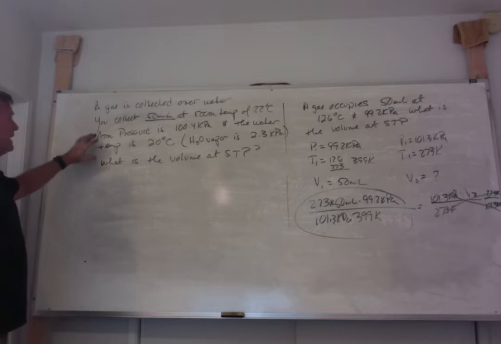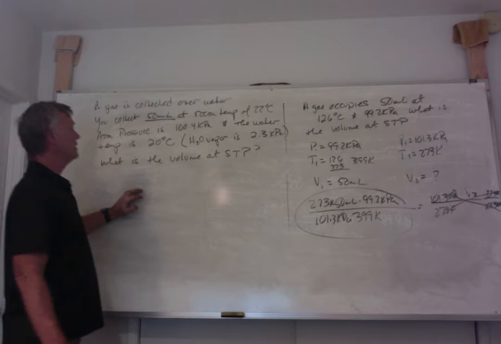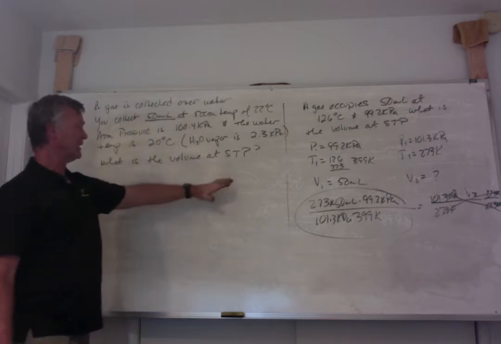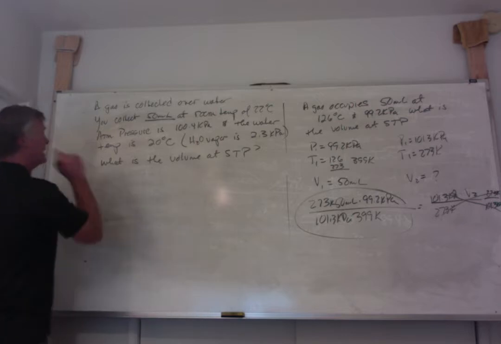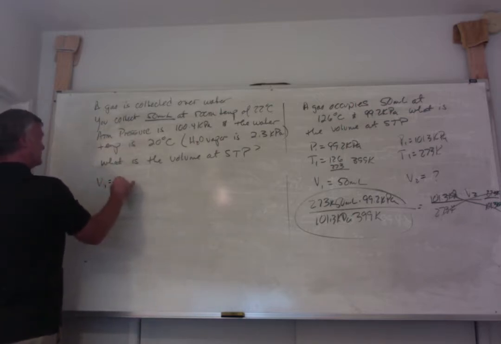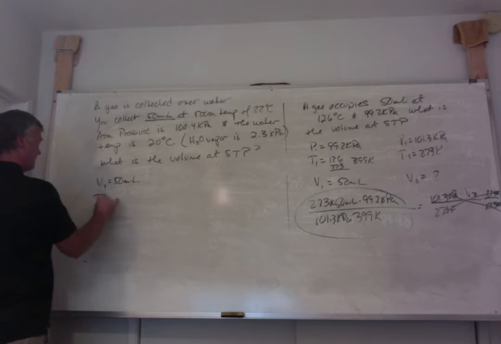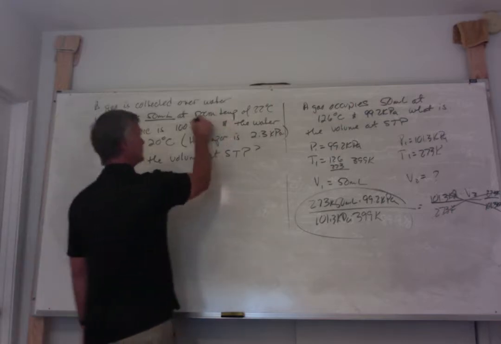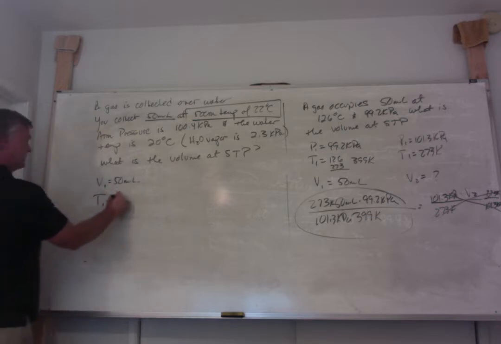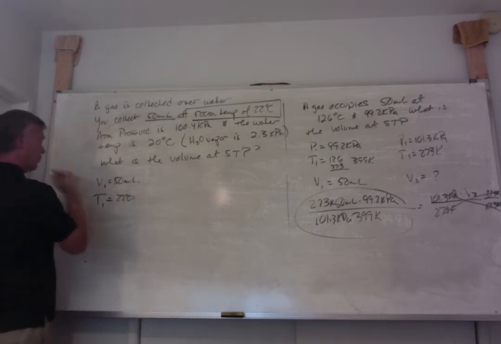So what we have to do is figure out what our volume, temperature, and pressure is, and then convert it over to STP. Well, the volume we've got, V1 is 50 milliliters. The temperature we have, and this messes students up, but it's the air temperature that we're interested in. Room temperature of 22 degrees Celsius or 295 Kelvin.